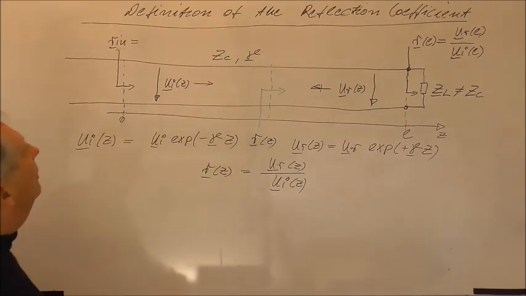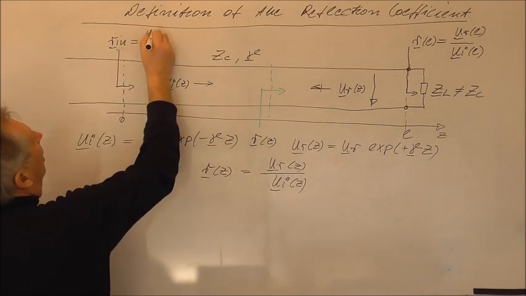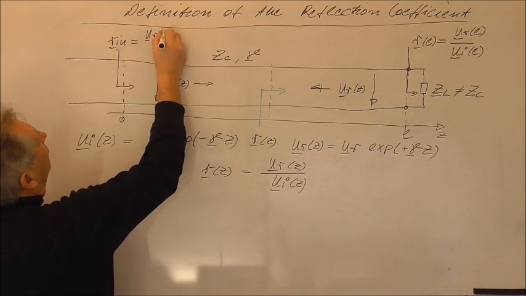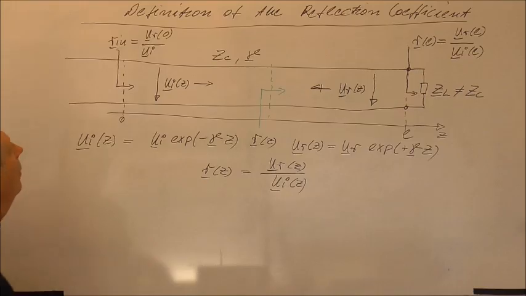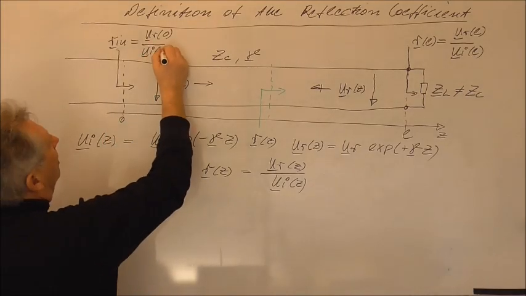But in our case it will be then UR of 0 divided by UE of 0.